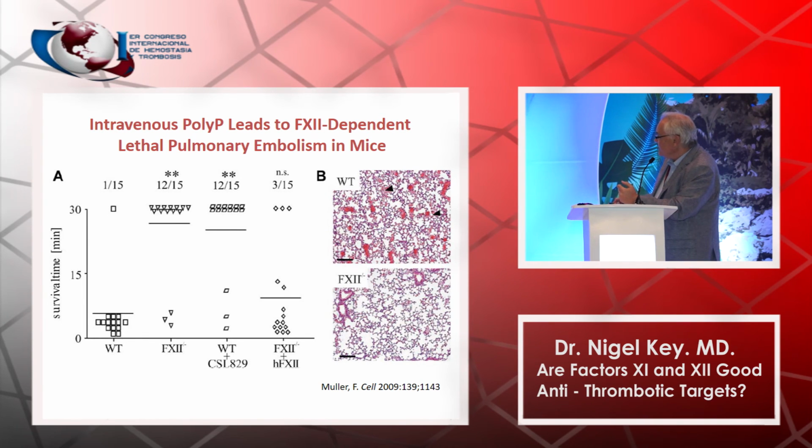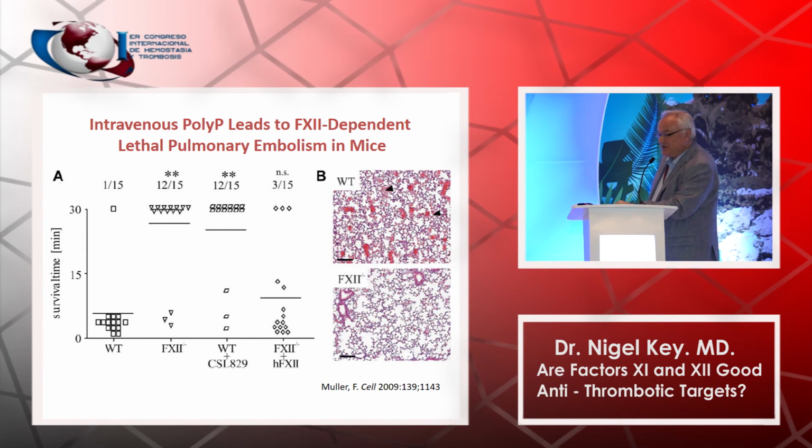So what they did was infuse intravenous polyphosphates into mice, various types of mice. So here, when you infuse polyphosphates into wild-type mice on the left-hand group here, you see that they survive minutes. And in the top right panel, if you look at the lungs, you see that the lungs are full of pulmonary emboli.